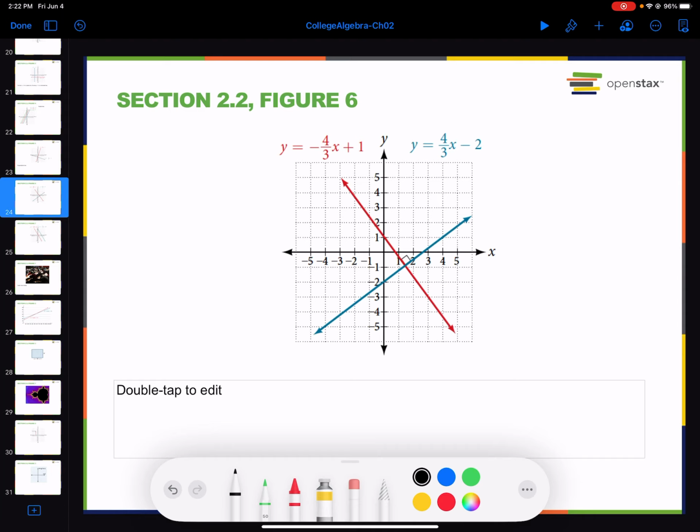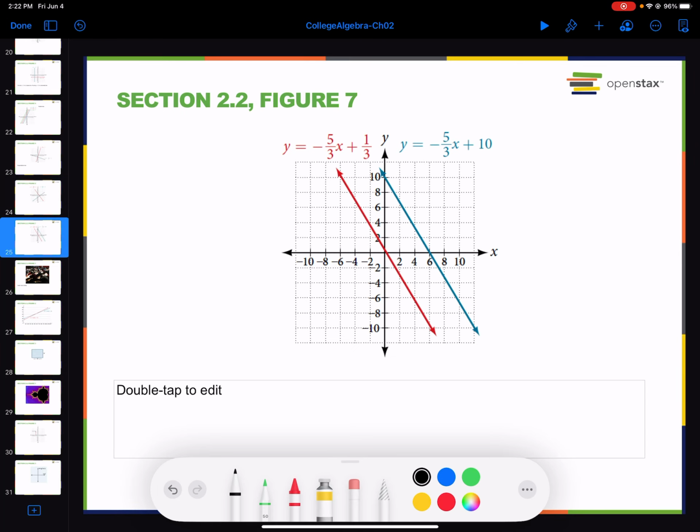One of these should be the opposite, so 3/4. And in this one, they're parallel, so you can see that the slope is the same on those. I'm going to go ahead and stop here, and then we'll cover the next section in another video.